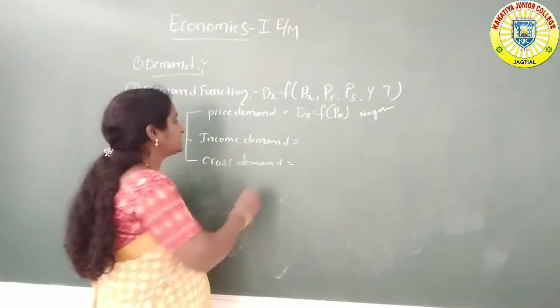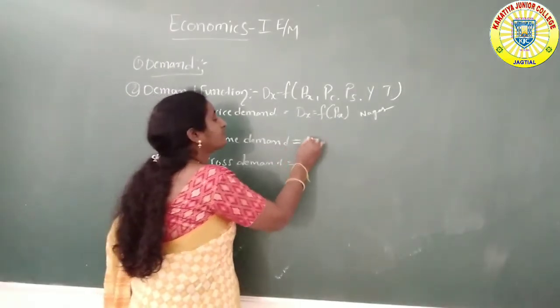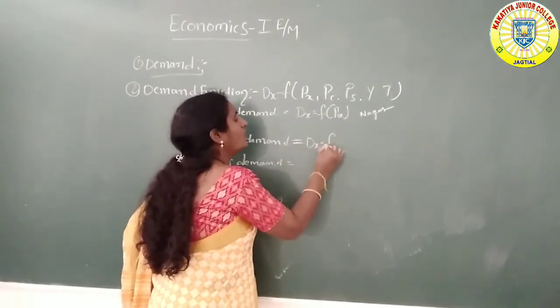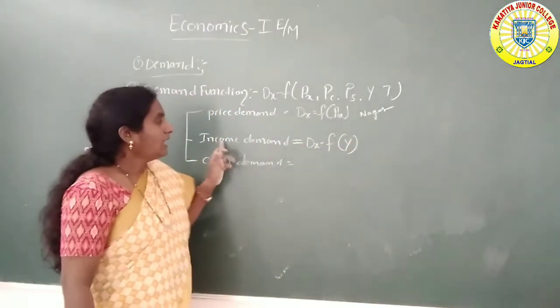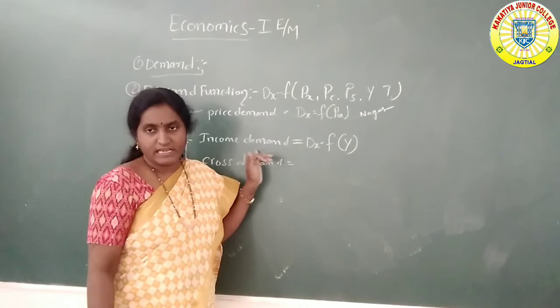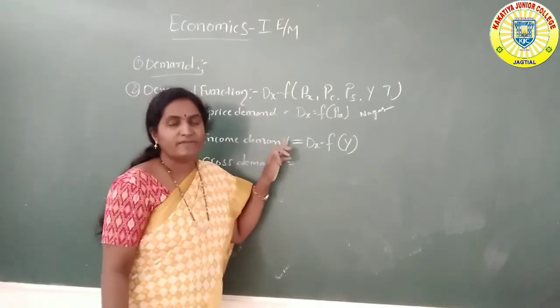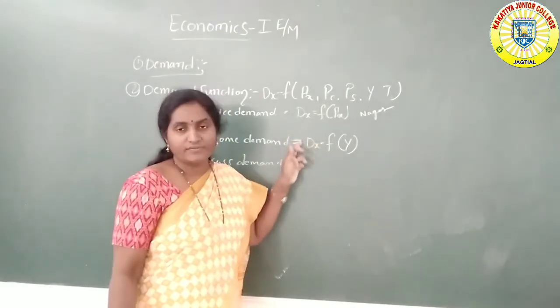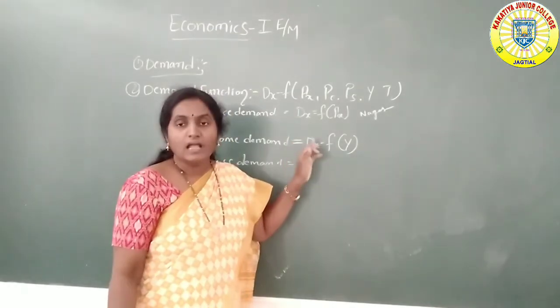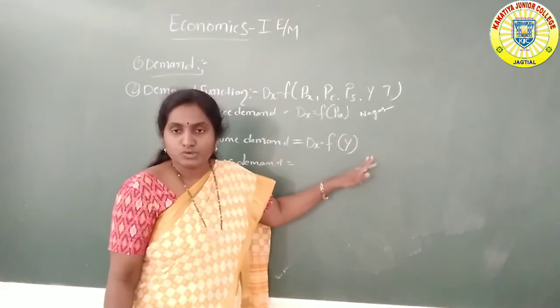Okay, next, income demand. Dx = f(Y). Income demand refers to the functional relationship between the quantity demanded and the income of the consumer.